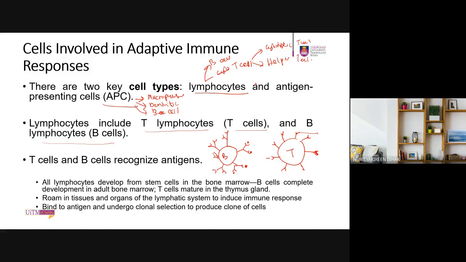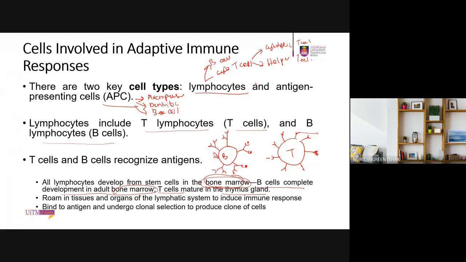Okay. So all lymphocytes develop from stem cells in the bone marrow. So semua ni terhasil dekat bone marrow. But B cell completes its development in the bone marrow, but T cell matures in the thymus. Kesemua lymphocyte ni terhasil dekat bone marrow, tapi untuk menghasilkan B cell, lymphocyte tu akan maintain dalam bone marrow and mature in the bone marrow.